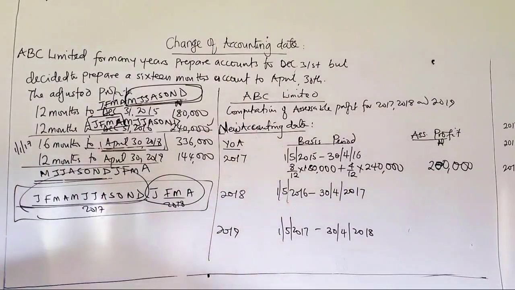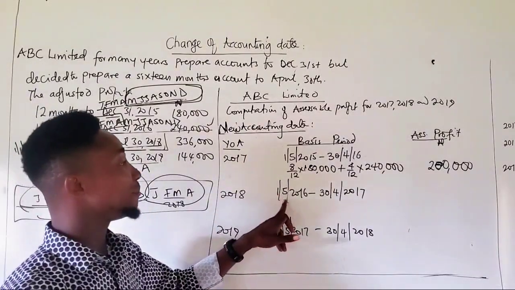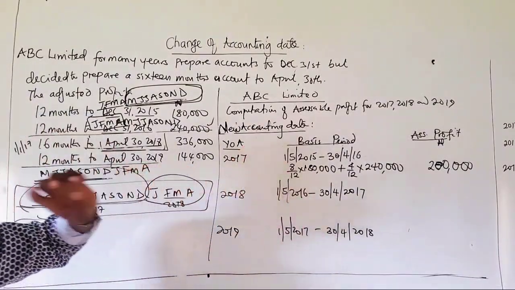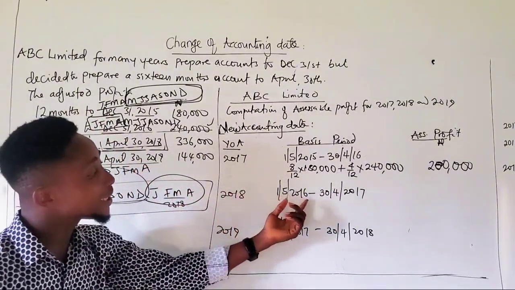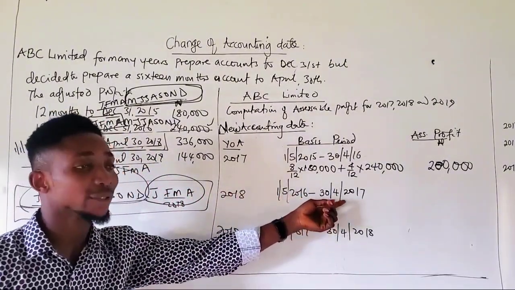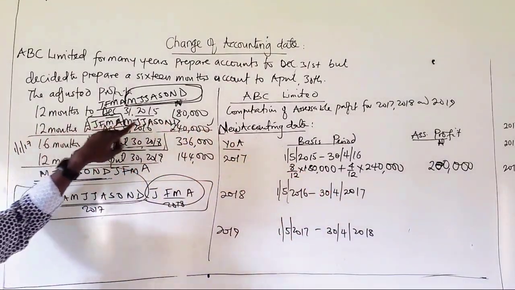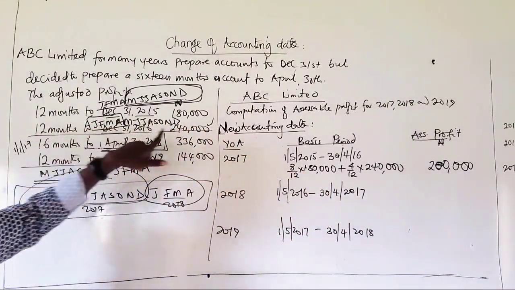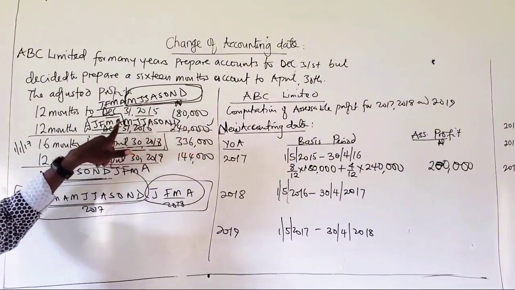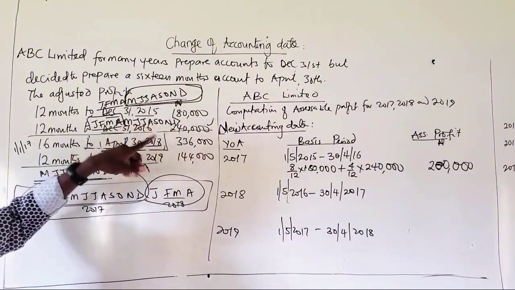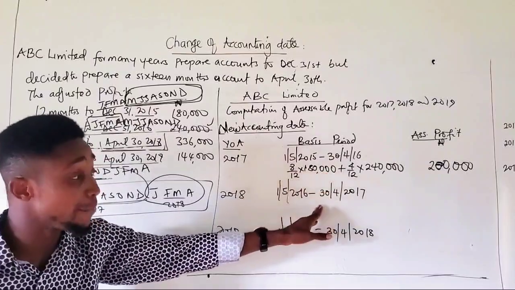Okay. Next, 1st of May 2016 to 30th of April 2017. Same treatment. May 2016 to April 2017. They give us January to December of 2016 year. And remember that it is only May to December that relates to 2016.